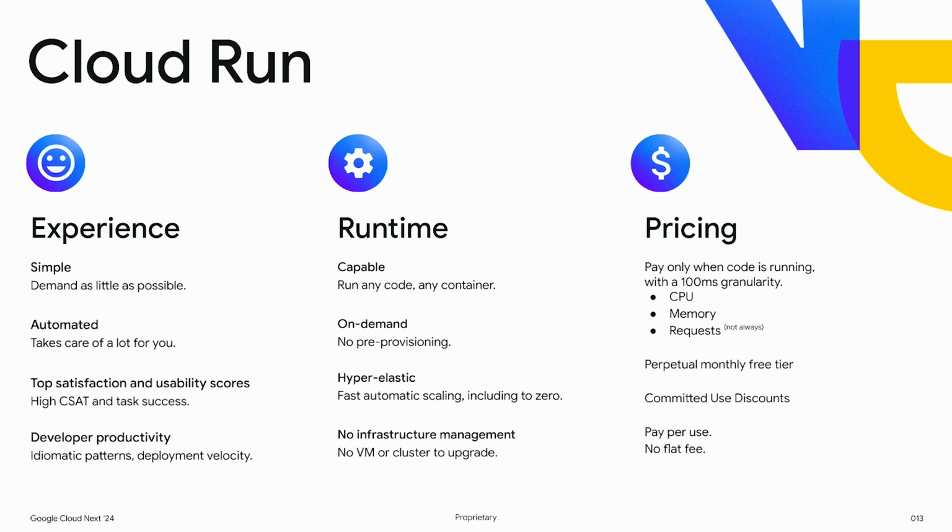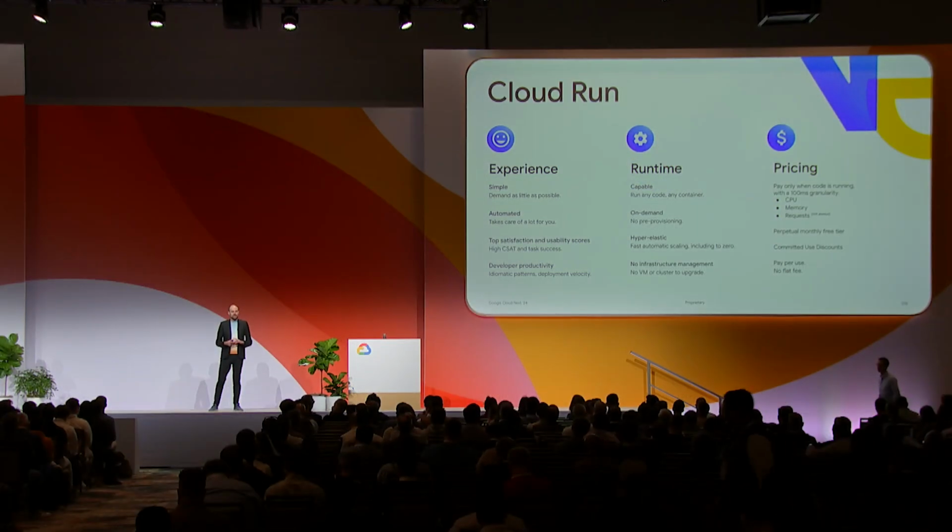Second, Cloud Run's value proposition is also a very unique runtime. This runtime is capable. It is capable of running any code, any container in a serverless environment. It is an on-demand runtime. You have no pre-provisioning to do, no cluster to create in advance. You literally ask Cloud Run to run your code, run your container on demand.